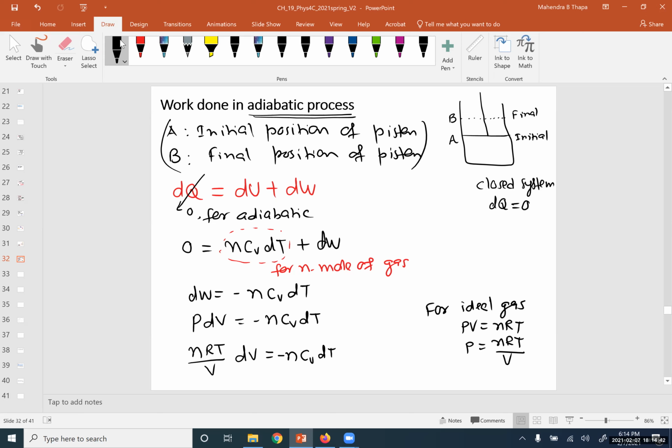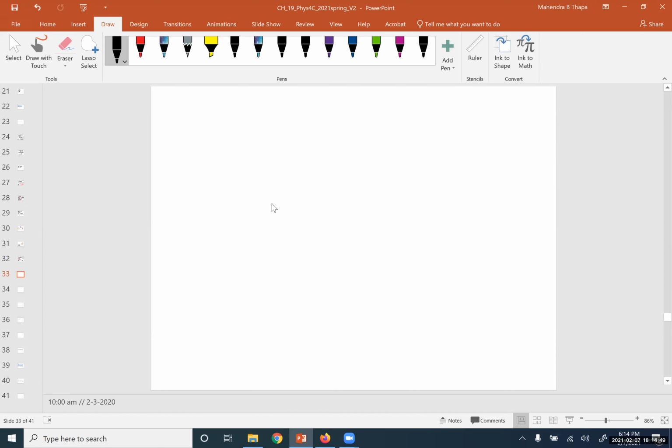So I can write it like this: nR dV over V equals minus n Cv dT. This is the same as the previous equation.